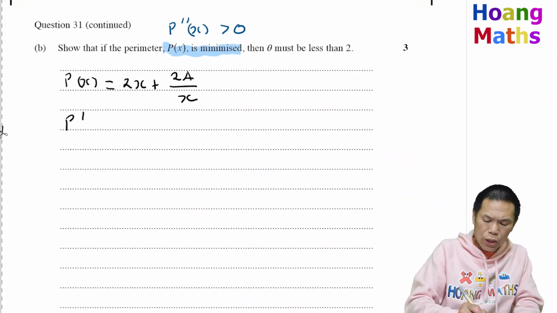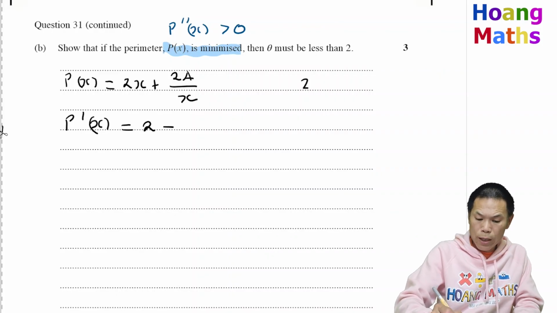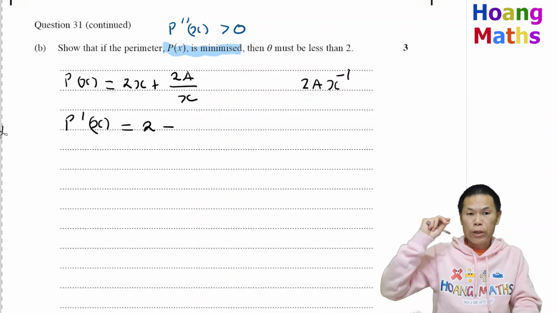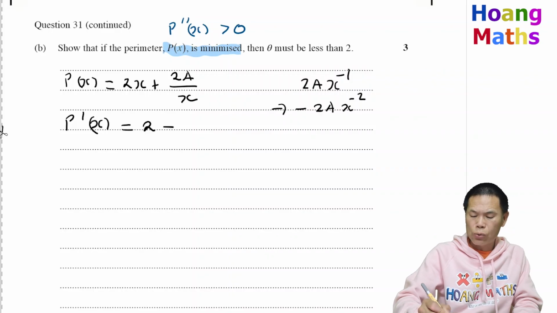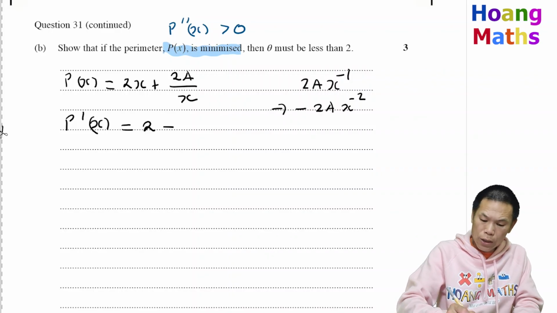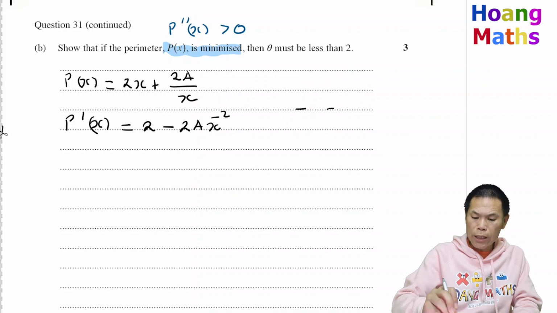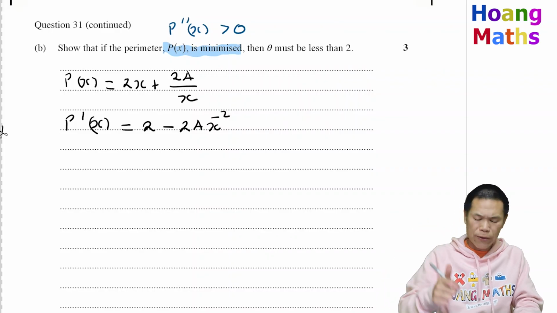So now let me differentiate this first. So P dash x is 2 minus, so remember this is 2a x to the power of negative 1. If I bring the x up, we differentiate that. So that will give me negative 2a x to the power of negative 2. Okay, keep that in mind. So I write it down here. And of course, I need to differentiate one more time to find the second derivative.